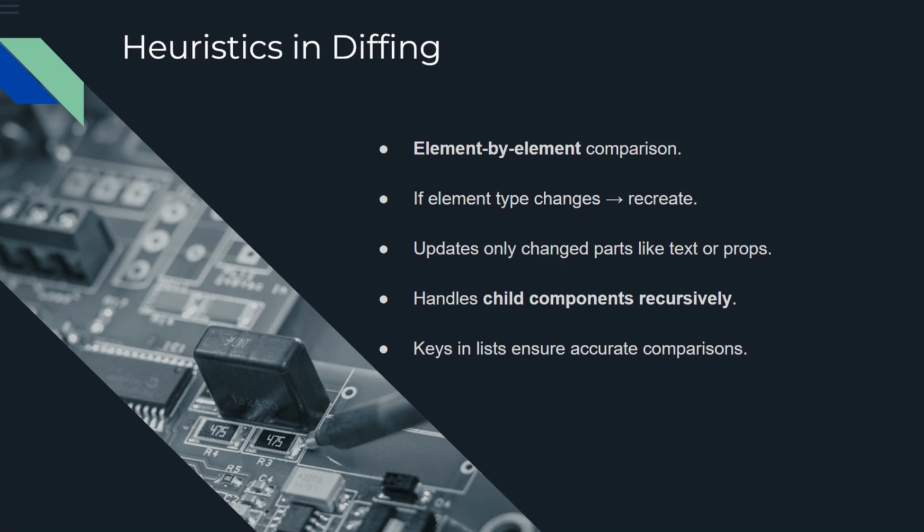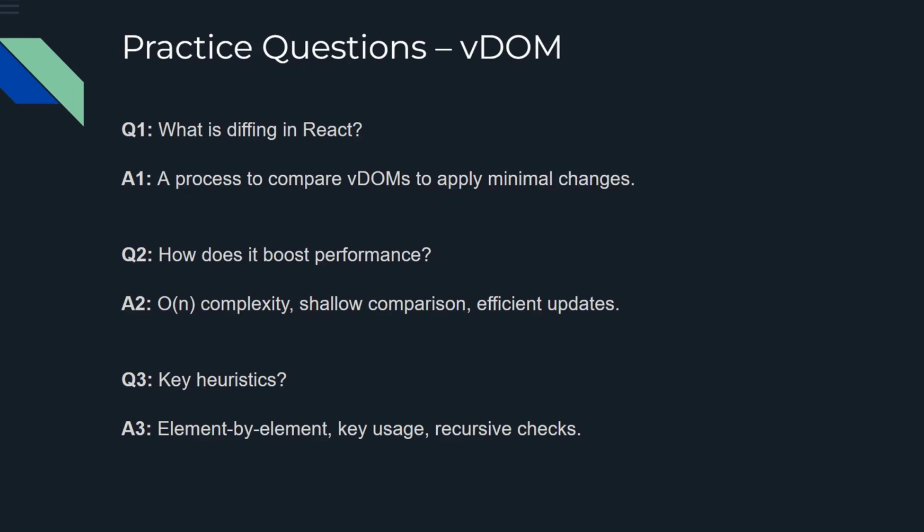We can say we are providing an identity to each node. Like there are ten div tags, so we give a key to each so that React can understand that this is another div and this is another div, for all the ten divs. Now there are some practice questions about diffing.